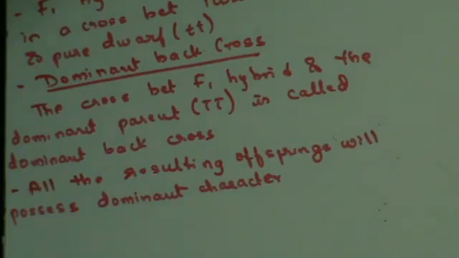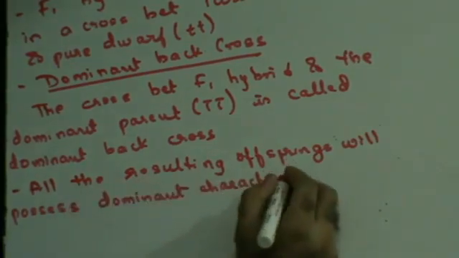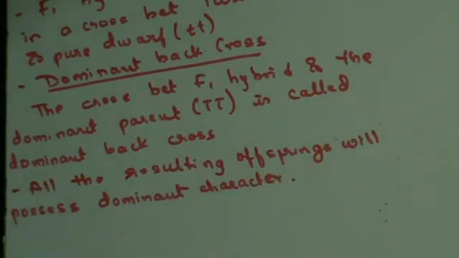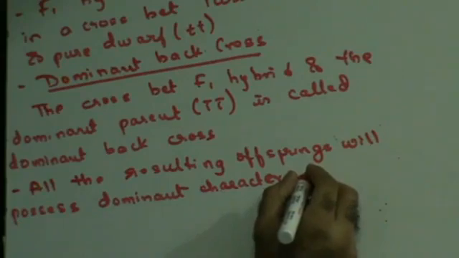But this does not give you an idea about the genotype of the individual, right? I will see a dominant character, that is the phenotype is going to be dominant, but we don't know what the genotype is.